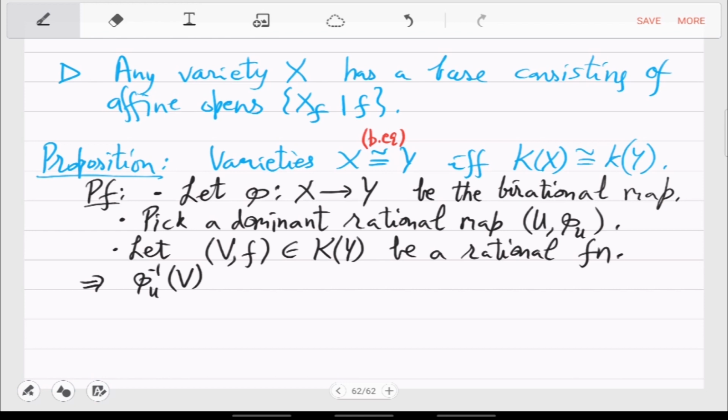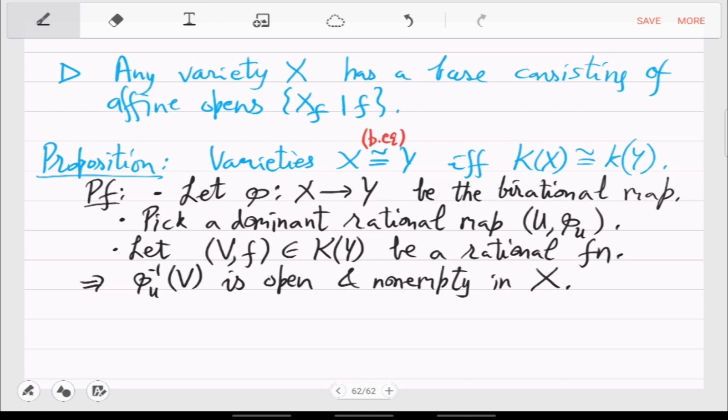No, you don't need the whole thing to be in the image, but just the pre-image, I want to claim that this is open. Is it clear why this is true? It is open and non-empty in X. Why is that?